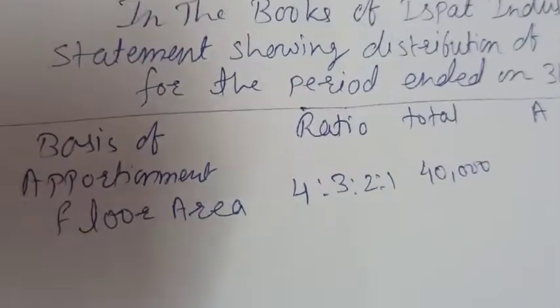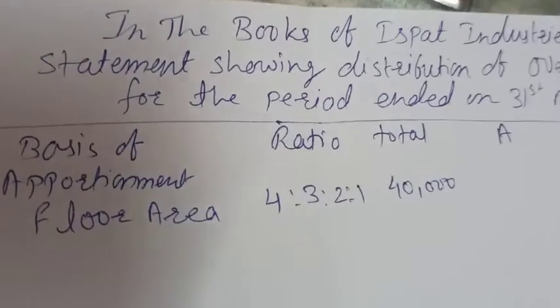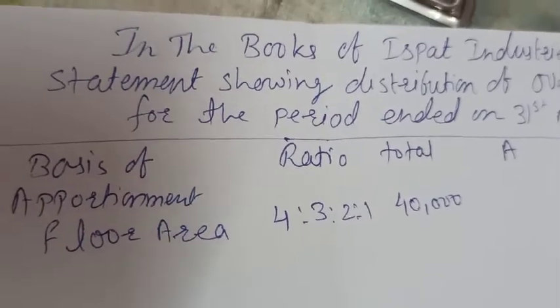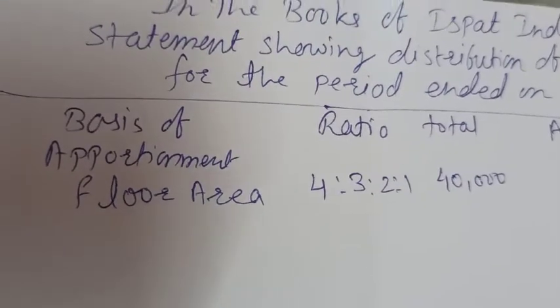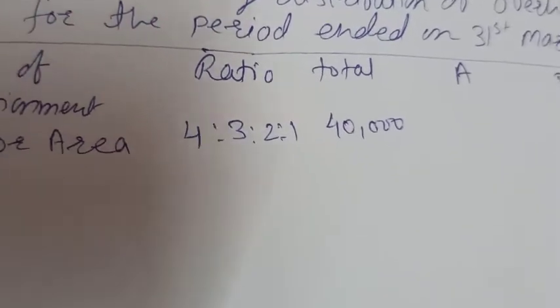When we have to divide this amount in a particular ratio, first we have to sum the ratio, that is 4 plus 3 plus 2 plus 1, that is 10. So 40,000 divided by 10 is equal to 4,000 per share.